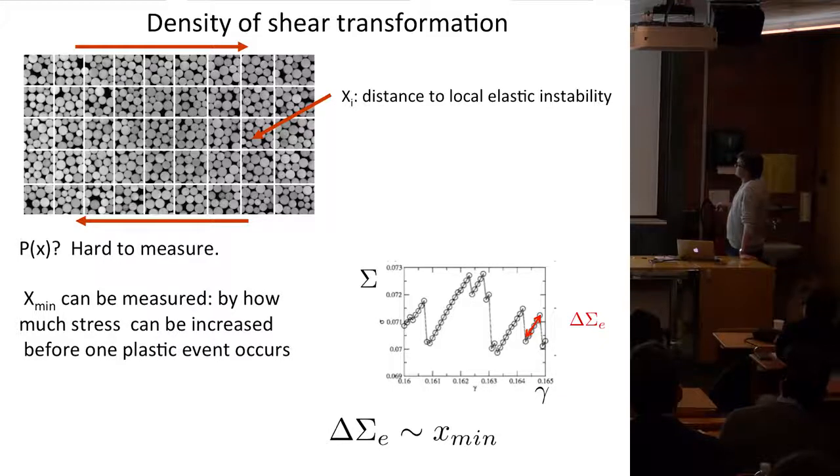So in this kind of procedure, when you have a finite size system and you have this crackling, you can get x min just by looking at the size of those ramps. And then you can use extreme value statistics, right? If you know a distribution P of x and you have n variables and you assume they are independent, then you can relate x min to P of x.